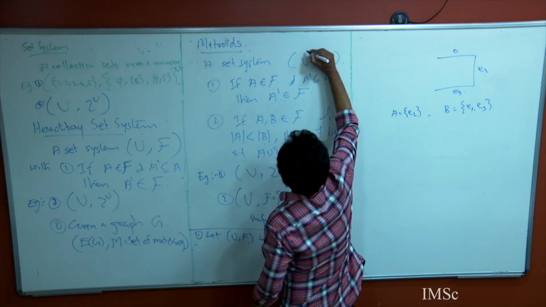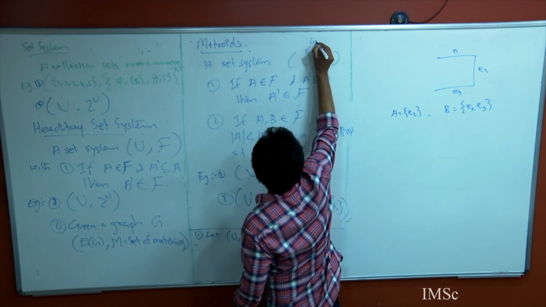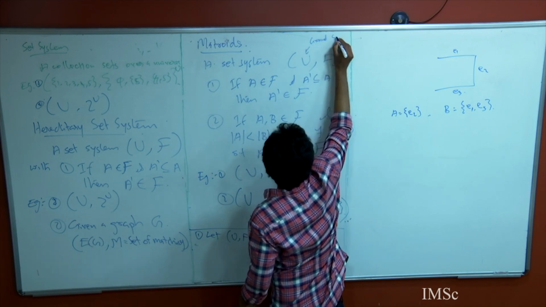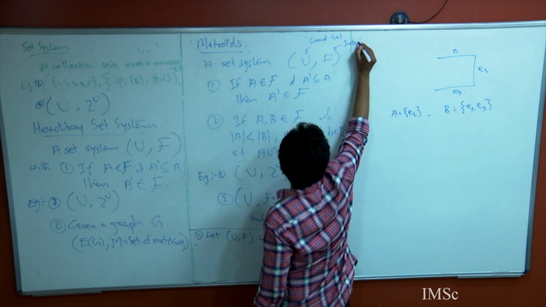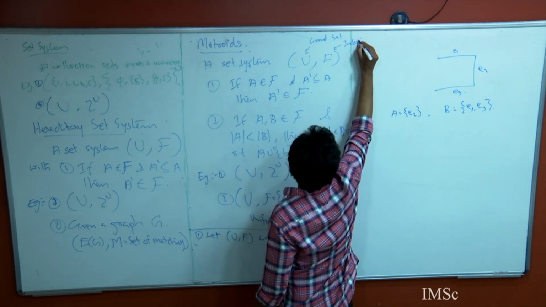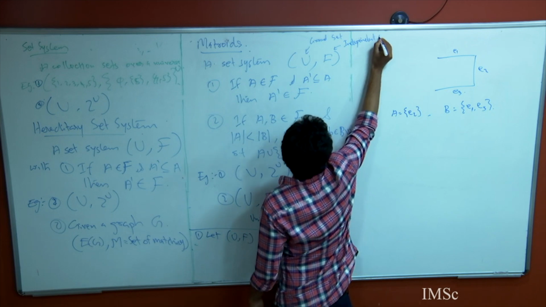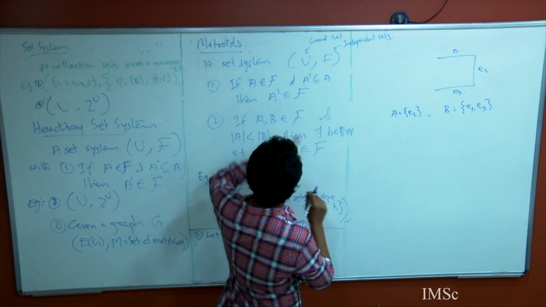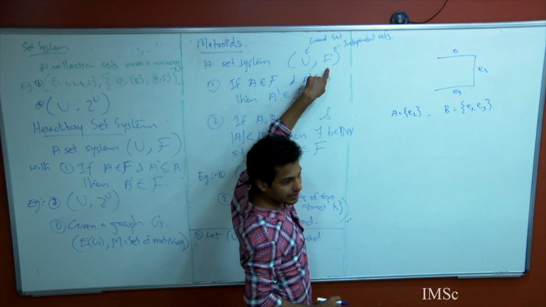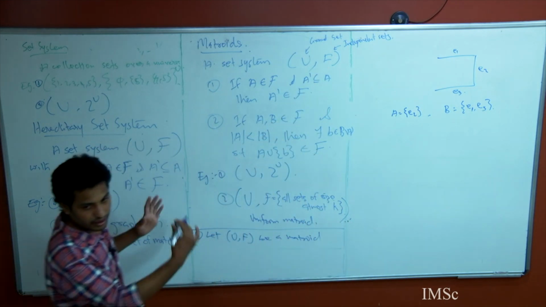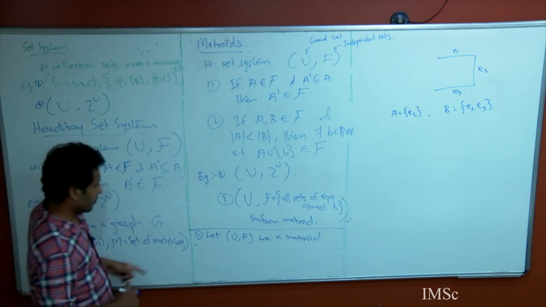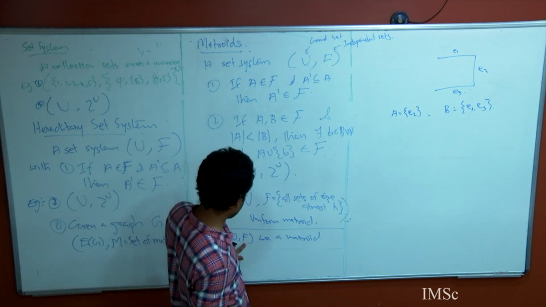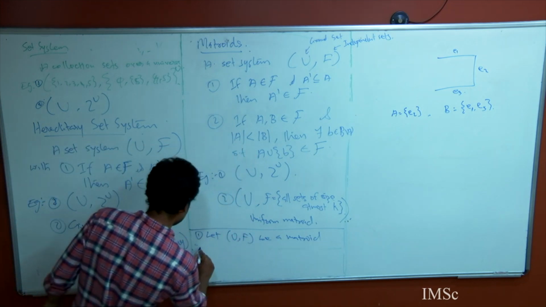In a matroid, U is called the ground set, F is called the independent sets. Each set in F is called an independent set, and this is called the independent sets of the matroid.